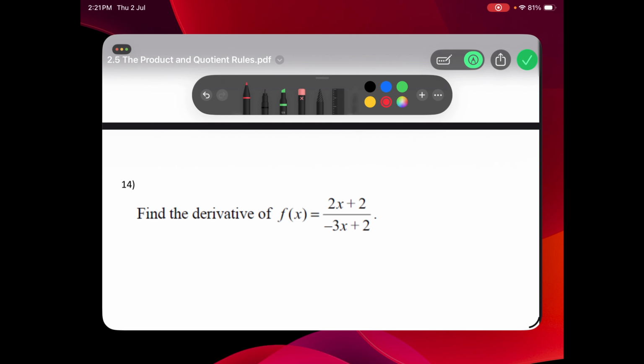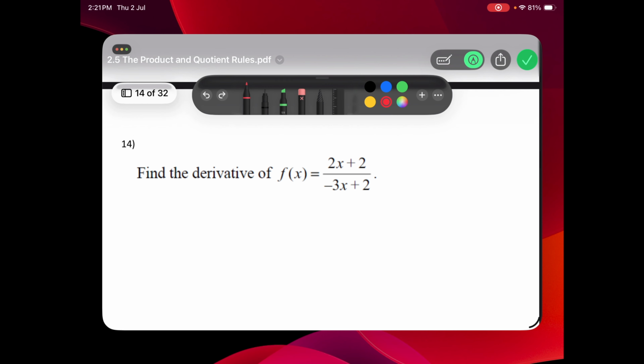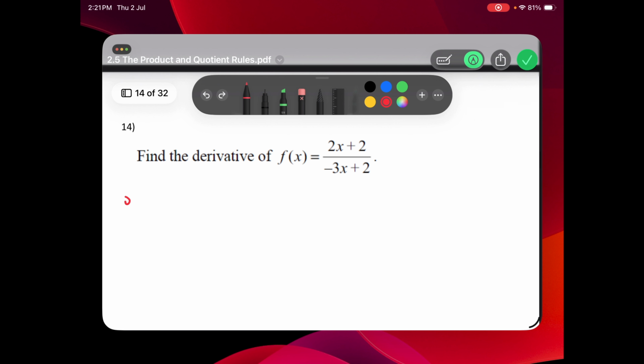And here, guys, I have this rational function, and here we will apply what we call the quotient rule. And if you cancel this with this to make life easier, this is massively wrong. You can't do that. This is not math. So what is f prime here? Following the quotient rule, f prime of x will be, the bottom here is the denominator, which is minus 3x plus 2.